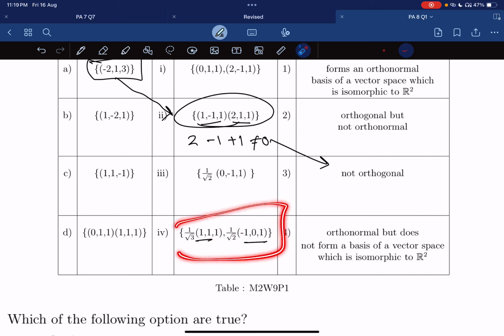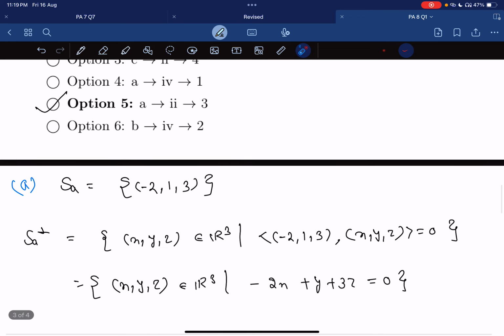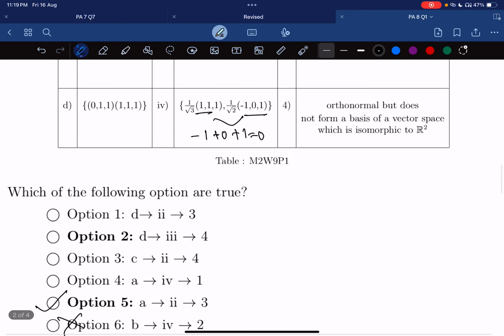So these vectors are orthonormal, and they are also orthogonal, as the dot product of these two vectors would be minus 1 plus 0 plus 1, that is 0. So that's why this option is incorrect, as our vectors are orthonormal too.